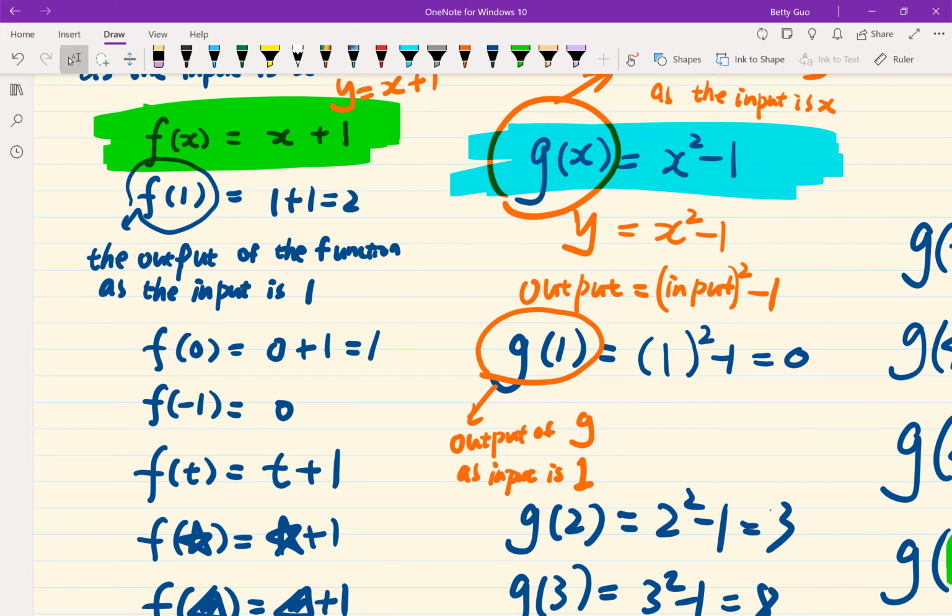The reason I use f of x here and g of x here is to show you those are two different functions. It would be weird if I used f to represent this function and f to represent a different function, right? They are just two different functions.